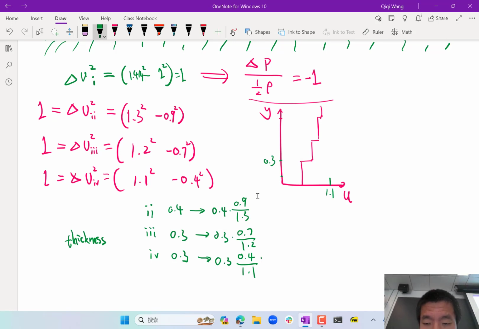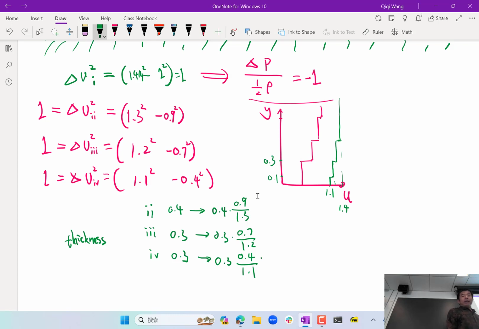The next layer has also decreased in thickness to about 0.2, and its velocity is 1.2. The next layer has gone from 0.3 to about 0.4, and the velocity is 1.3. And finally the free stream is like 1.4. So basically, the boundary layer has gone from the red profile to the green profile.